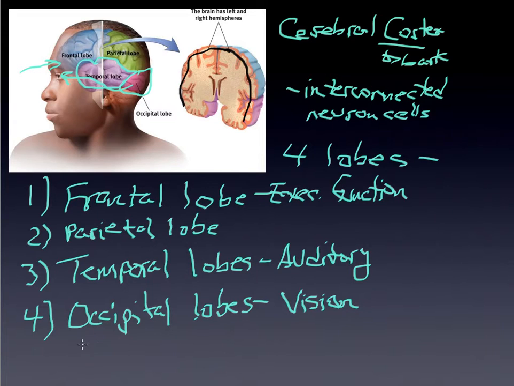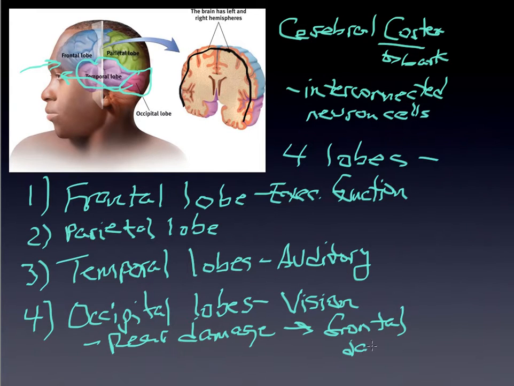It's not often that we get a rear damage injury. We're not often hit directly from the back. If we're going to have any kind of injury, it's usually a frontal damage type of injury where we hit the front of our head.